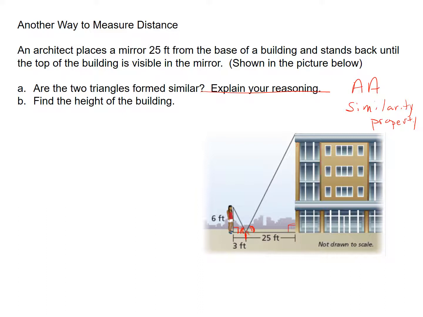So now, since I know that these 2 triangles are similar, I can set up some proportions. Her height would correspond to the height of the building, which I don't know. I'll call it X. So her height to the height of the building has to be the same as her distance from the mirror compared to the distance of the building from the mirror.